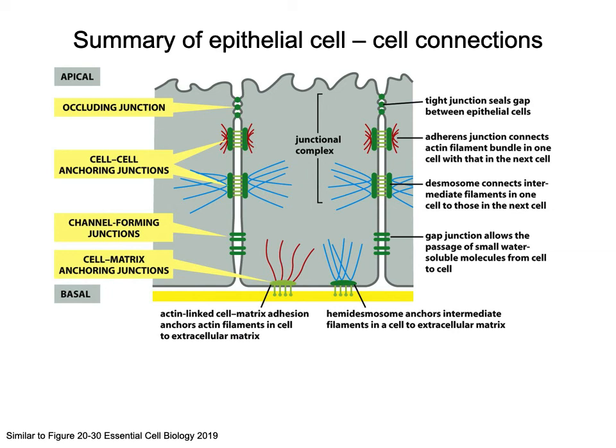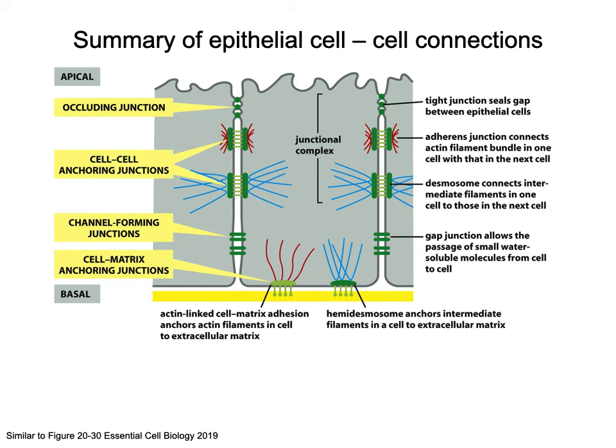We'd have adhesion or adherens junctions. These have actin filaments attaching through cadherins, with catenins playing a role too. Desmosomes are where we have intermediate filaments attaching. Keep in mind the role of actin filaments and the role of intermediate filaments are a little bit different.